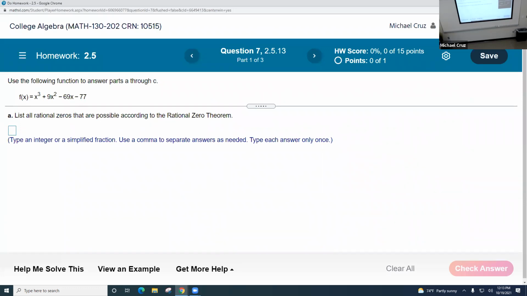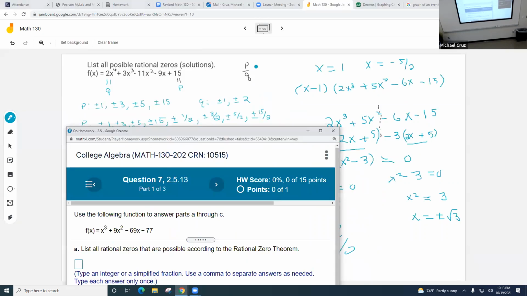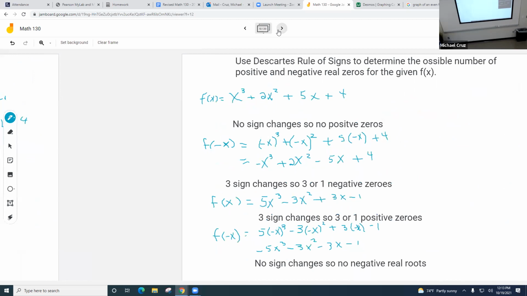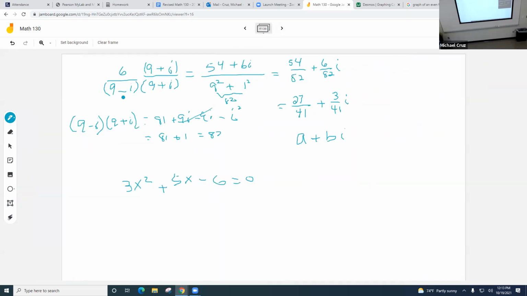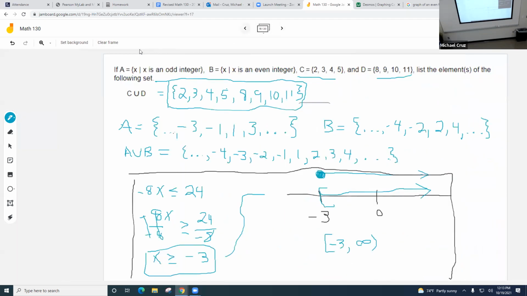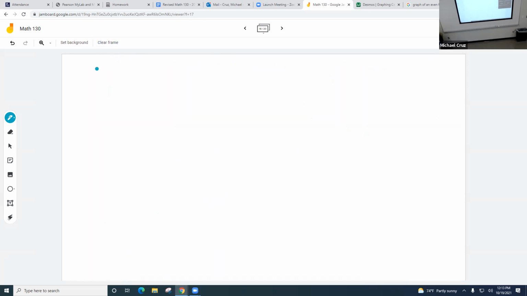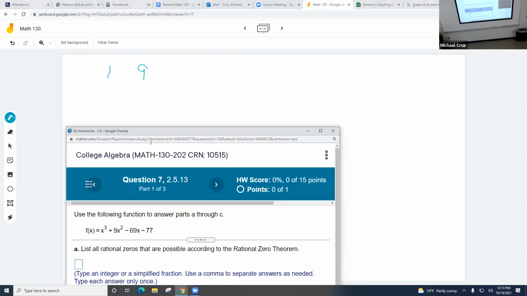And if you want to, I'll work it out later and send it to you. Just send me an email, okay? But anyway, what we got to do is the synthetic division. So we would put 1, 9, negative 69, and negative 77, okay?